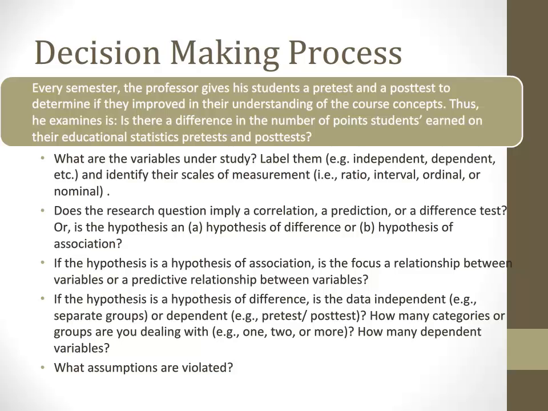Because we have one independent and one dependent variable, we need one hypothesis: there will be a statistically significant difference in the number of course points that students earn on their educational statistics pre-test and post-test. So we don't have to answer questions about hypotheses of association. We move on to hypotheses of difference, and we know that we're going to do a test of difference now. So if we have a hypothesis of difference, the next question we ask is: is our data independent?